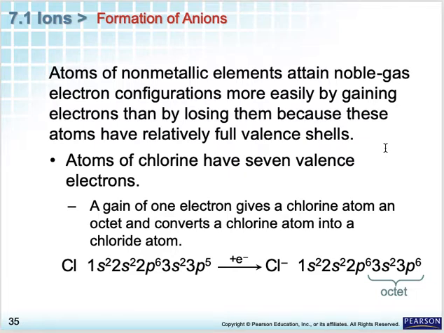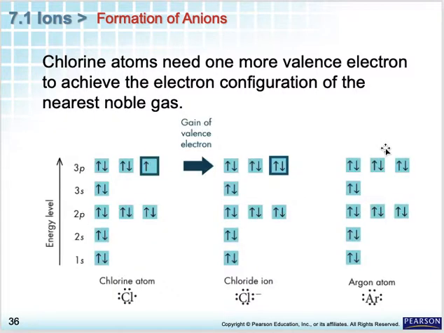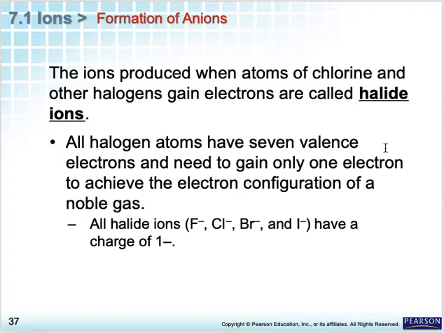It gains 1 more electron to become chloride, and that gives us a full octet. Here we see it in the box diagrams where we have 1 spot available for 1 more electron. When we gain an electron, the electron configuration of chloride is the same as argon, and that's because it's unusually stable.